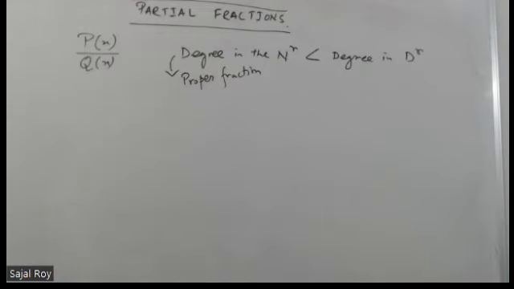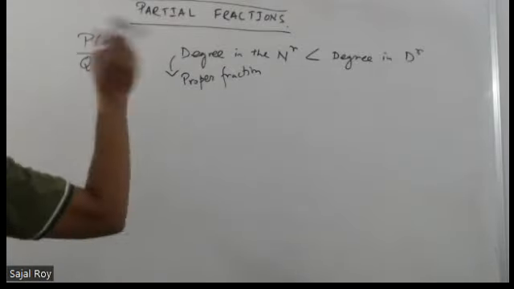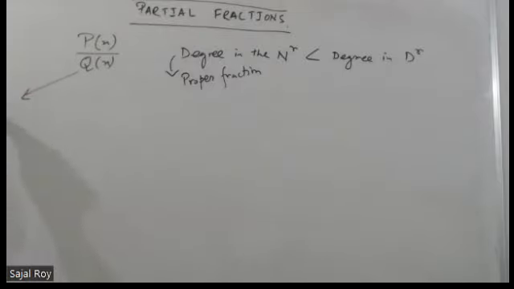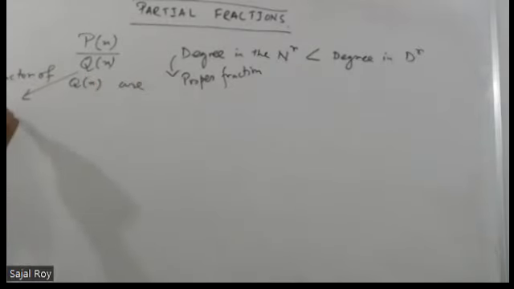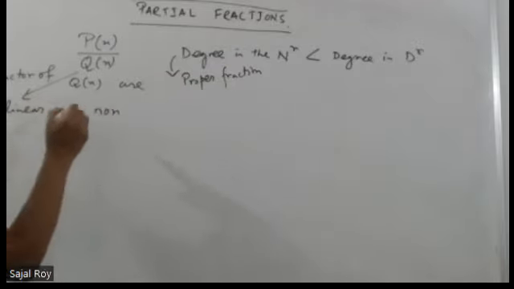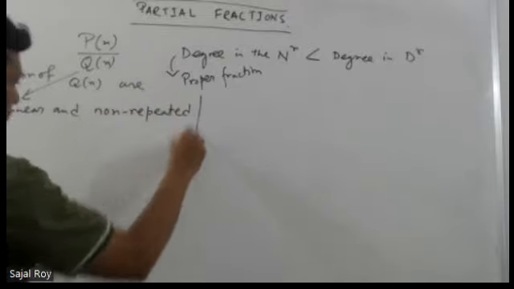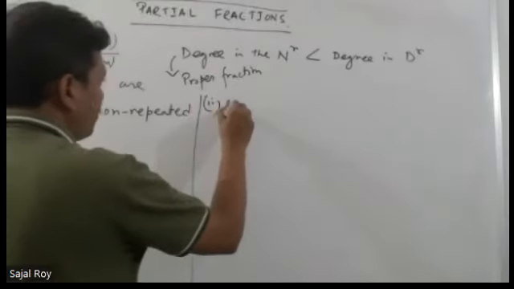Okay. Now there will be three cases, because q(x) has different kinds of factors. Number one, the factors of q(x) are linear and non-repeated. Number two, linear and repeated.